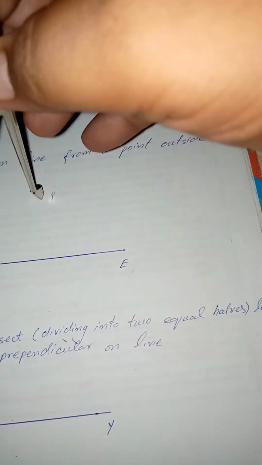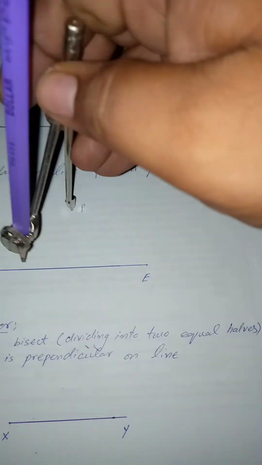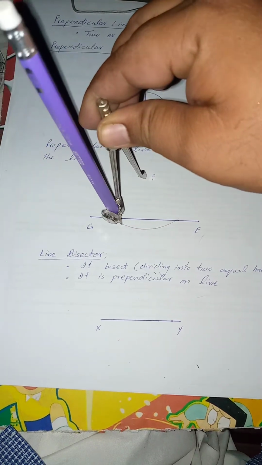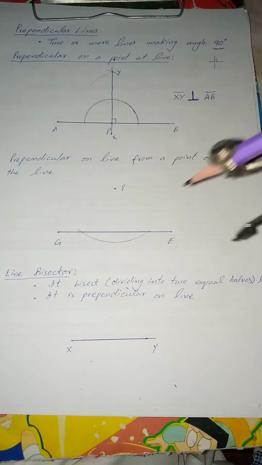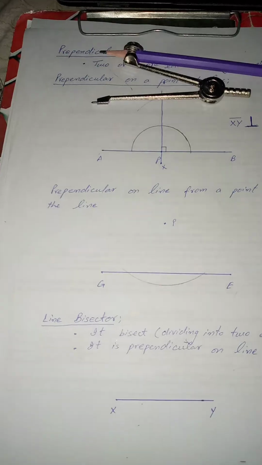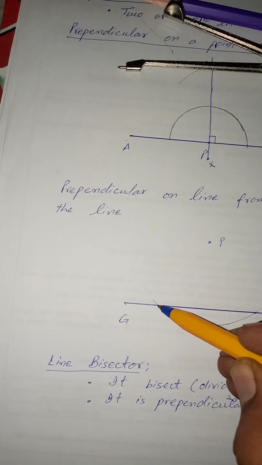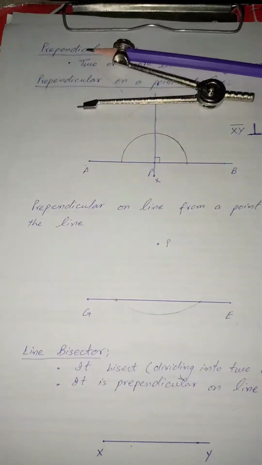We will place the needle at P and we will mark an arc on this line GE. Now this arc is intersecting the line at these 2 points. We will find the midpoint of these 2 points, that is, we will bisect them.